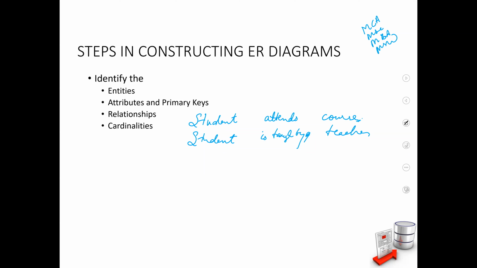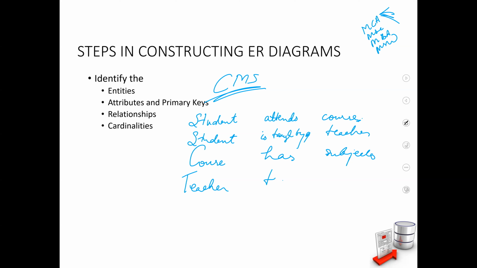When you talk about MCA, you have different subjects in MCA. So I can say a course has subjects. I'm talking about my college management system. Is there anything else here? I can even talk about teacher and course, isn't it? Teacher teaches course.